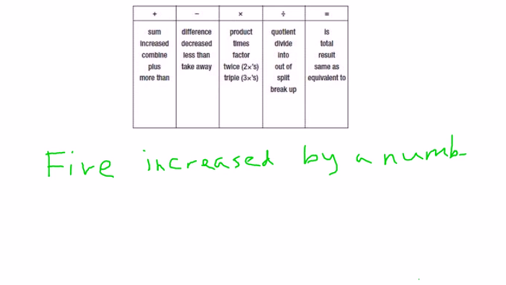Now, in order to convert this into a mathematical expression, I have to think about what the different words represent. The word 5, of course, simply represents the number 5. The words increased by represent an operation. Let's refer to the handy chart above.